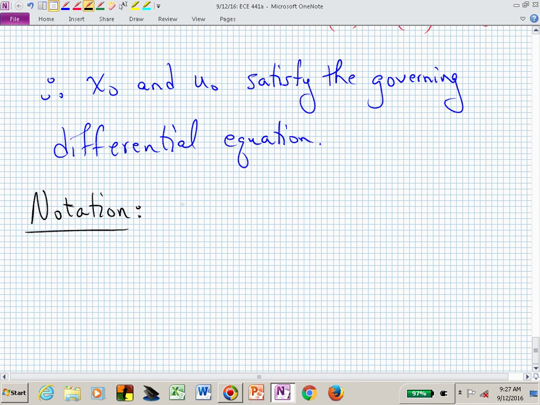The notation will be x minus x naught, which I'm going to call delta x. Again, this could be a vector. You could have different components in delta x. It could be 3 tall if it was such a system. We have u minus u naught is equal to the small variation in my input, which I will call delta u.